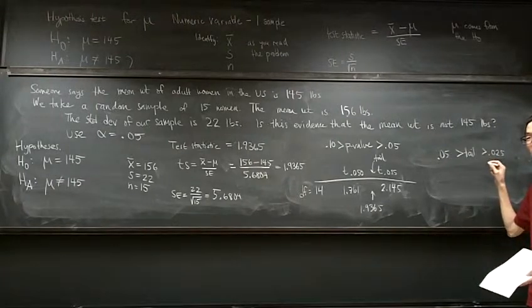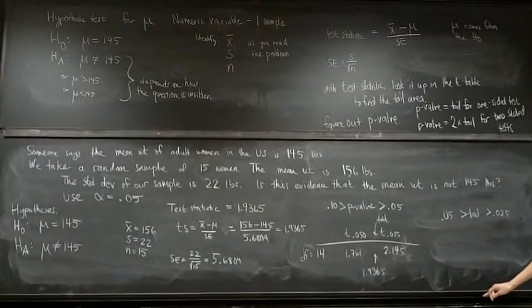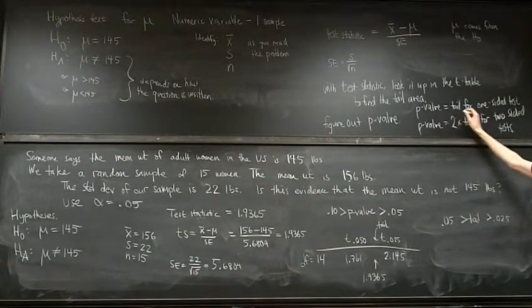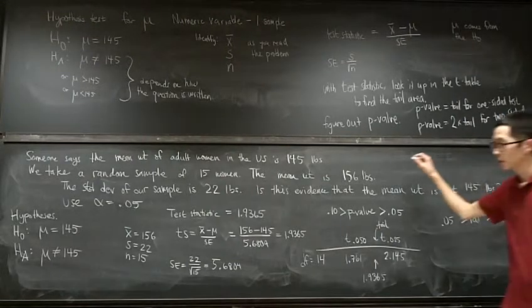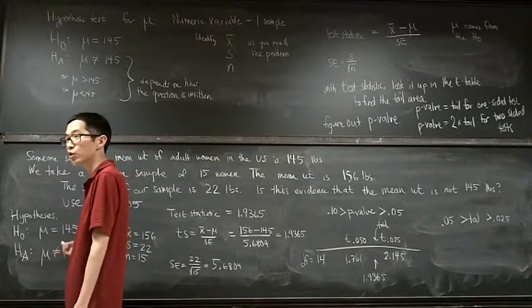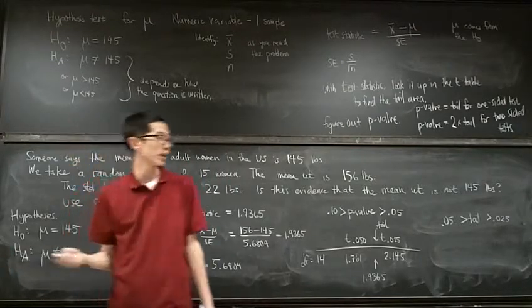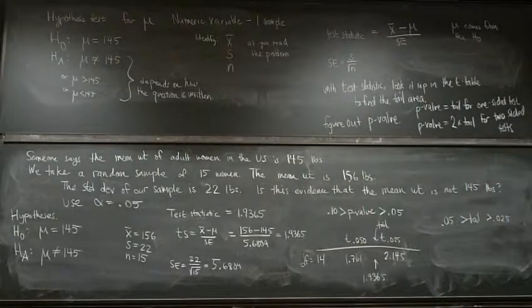So the last step, with our test statistic, we figure out a p-value. Our p-value is 2 times the tail for two-sided tests, okay? And according to our hypothesis, I have a not equal sign, which means I have a two-sided test. So this is where I do my doubling.